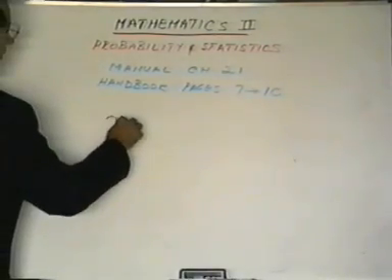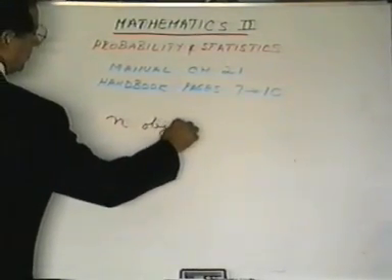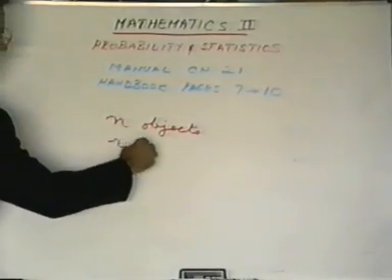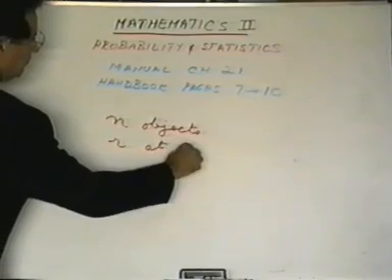Okay, let's start off now talking about combinations and permutations. Suppose there were n objects and we wanted to group them in such a fashion that we would have groups of r, taken r at a time. So we're dealing with n objects, r at a time.